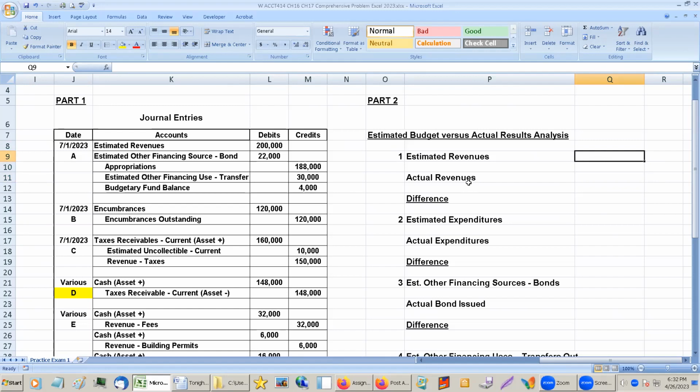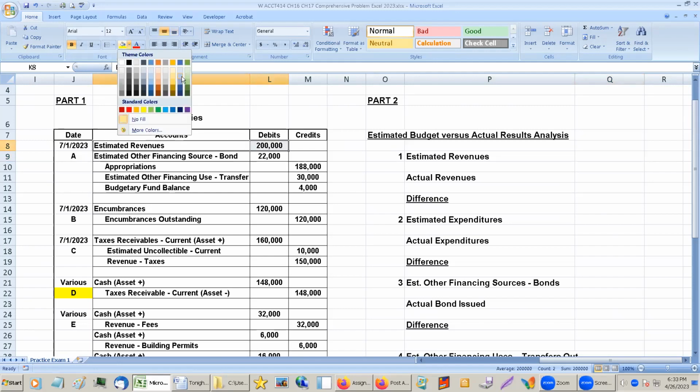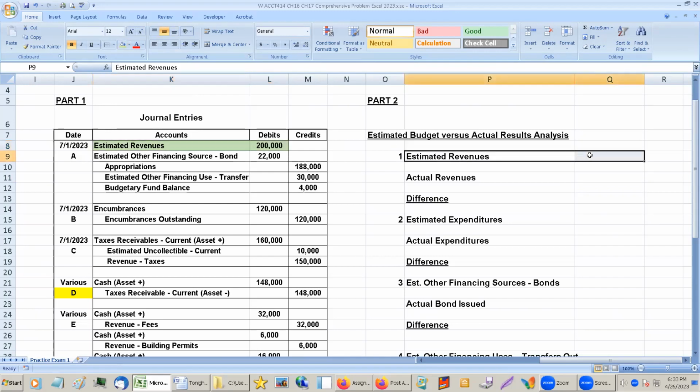So let's go through these and figure out. Okay, our estimated revenues were 200,000. I'm going to try to color coordinate these. Let's make that green.